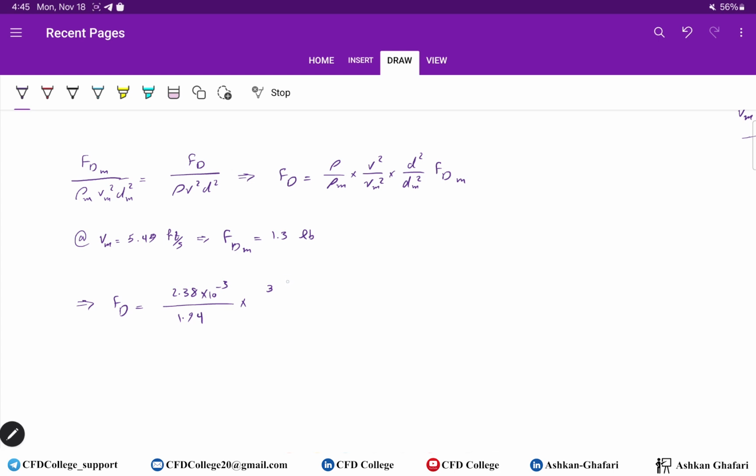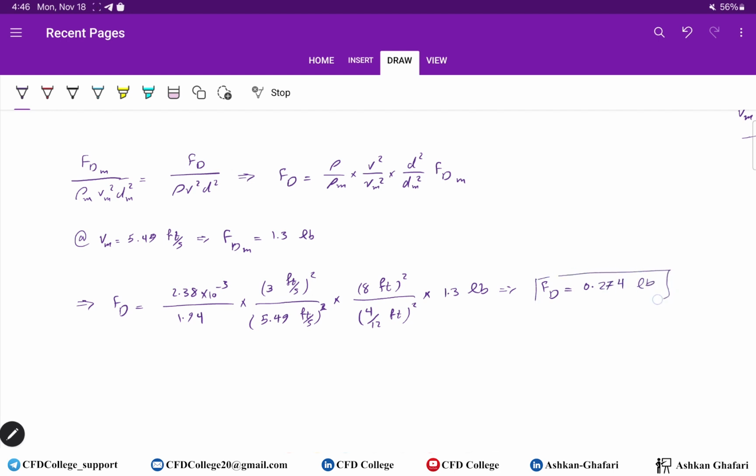Velocity 3 feet per second square, 5.49 feet per second square, 8 feet, 4 over 12 feet square, don't forget that, times Fdm, which is 1.3 pounds. So Fd, the drag force of the balloon, equals 0.274 pounds. That's it.